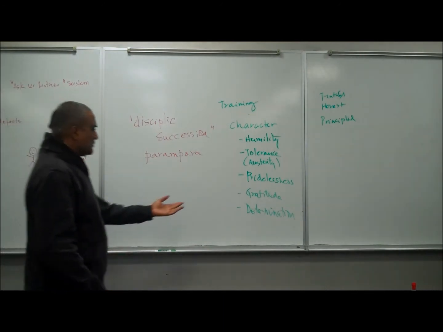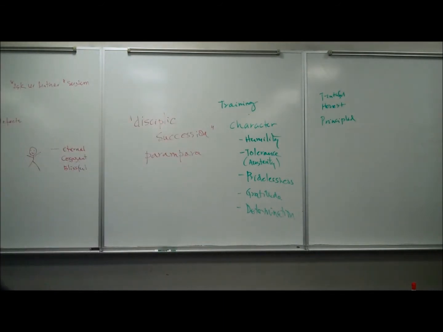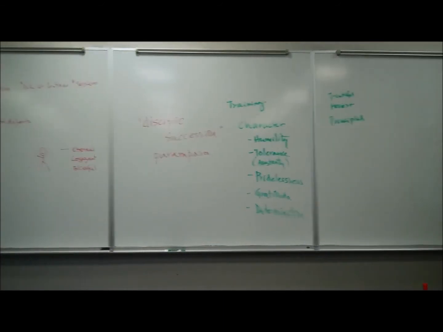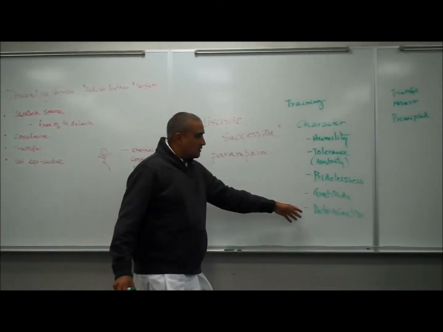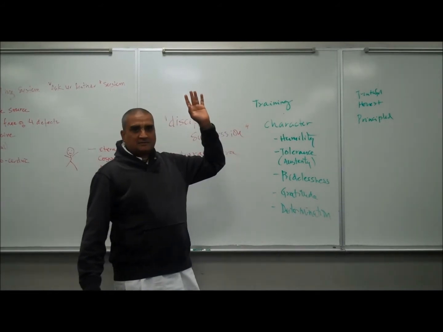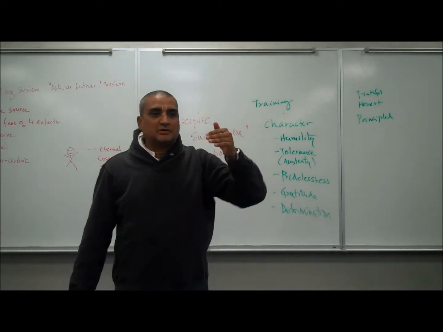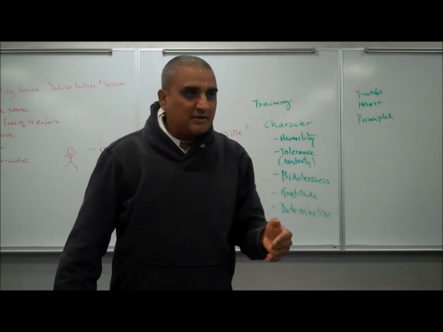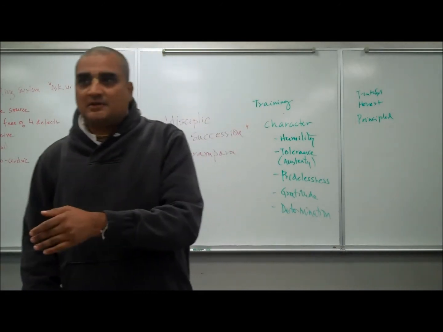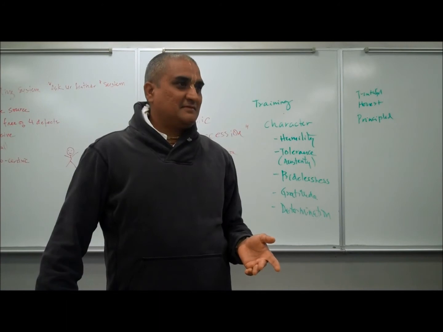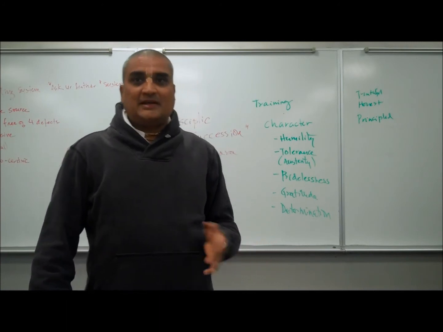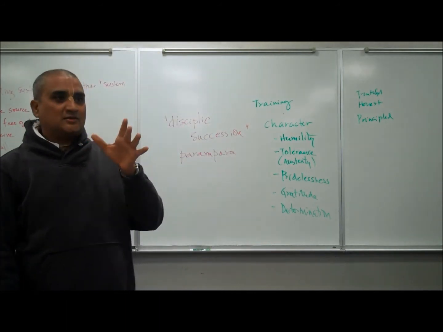Some of these do manifest here, but because it is relative, when the circumstances change, a person's qualities change. I may be very humble and truthful in this circumstance, but in some other circumstance it will go away. So relative means things can change.